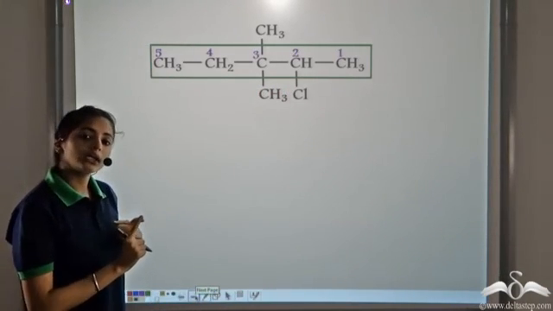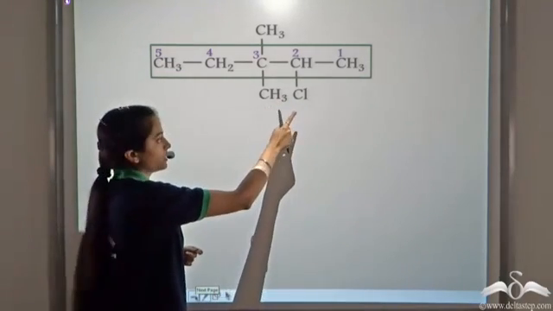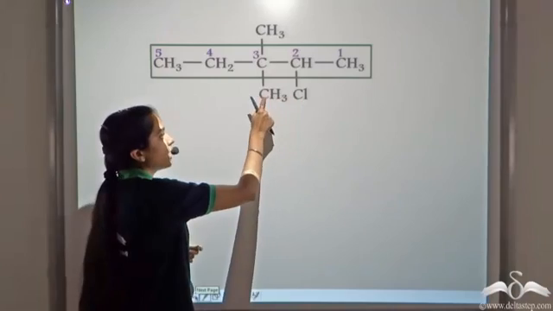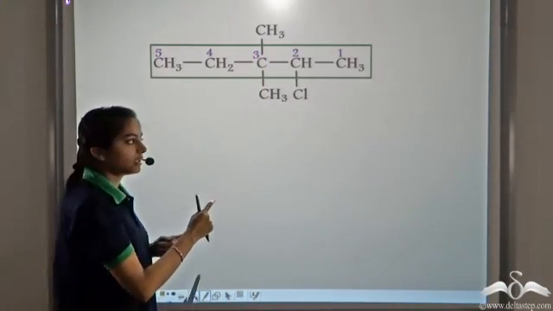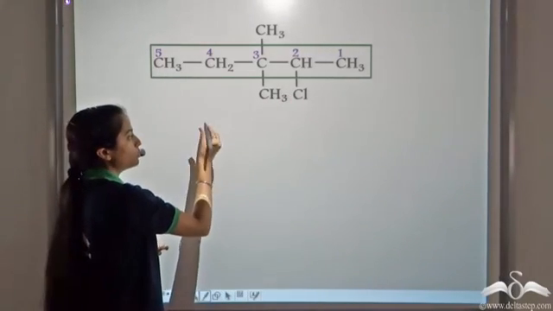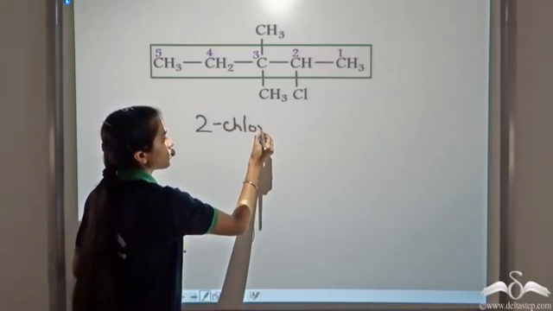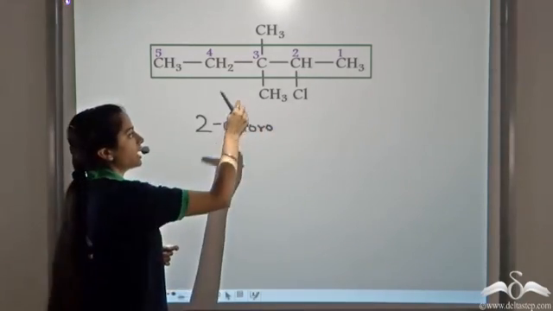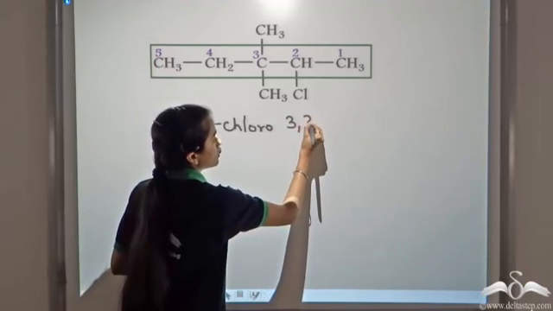Now we have to arrange the substituents alphabetically. So we see there are 2 substituents, that is chloro and 2 methyl substituents. So we have to arrange them alphabetically. So we first place chloro, which is at the second position. And then we have the 2 methyl groups, which are at the third position.